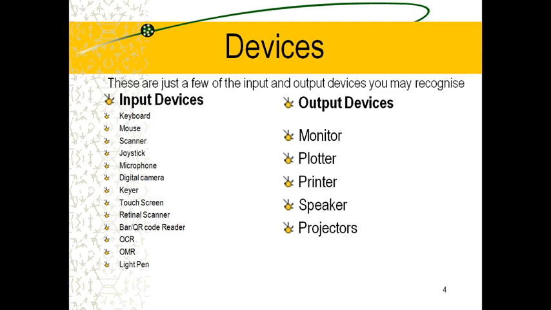The first and most important, most widely used output device is the monitor, and we can classify monitors into many types. One is monochrome, another one is LCD, the third one is LED. But nowadays wherever you go, people are using LCD or LED monitors only, and it looks like a TV.